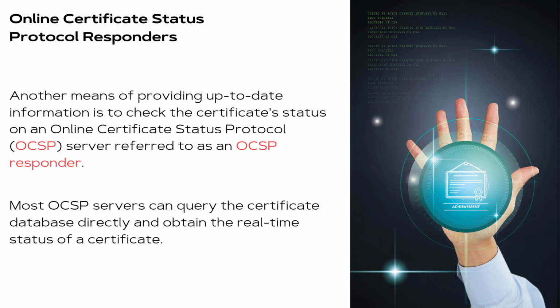See, another means of providing up-to-date information is to check the actual status of that certificate on something known as an online certificate status protocol, the OCSP server, and this is referred to as an OCSP responder. So most of these OCSP servers can query the certificate database directly and obtain the real-time status of a certificate.